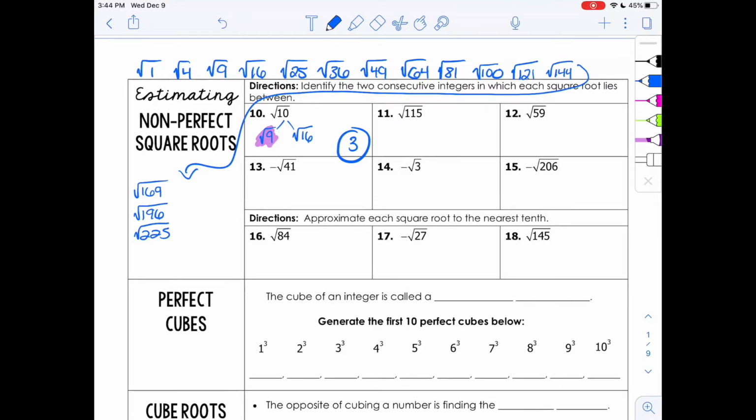So we can do the same thing with the square root of 115. Looking at my list, I could fit 115 between 100 and 121. So that means I could split it between the square root of 100 and the square root of 121.